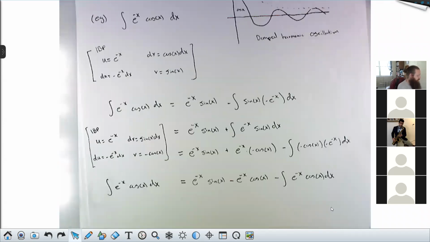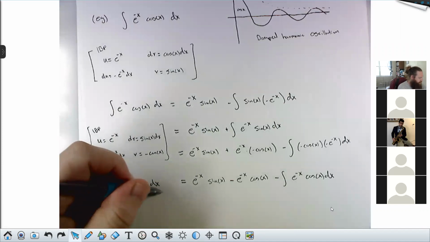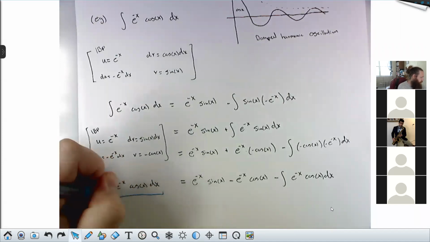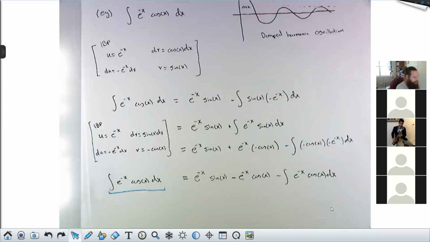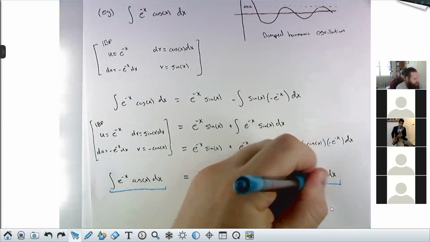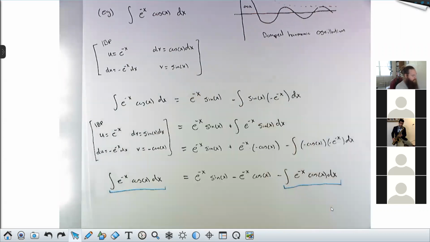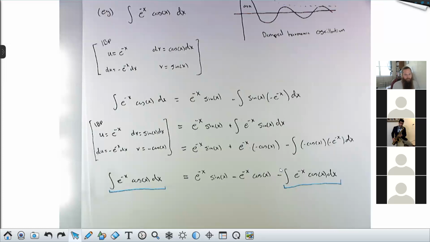Now you stare at this until you realize something magical has happened. This thing, which is the thing we're trying to find, is equal to this stuff minus the thing we're trying to find.